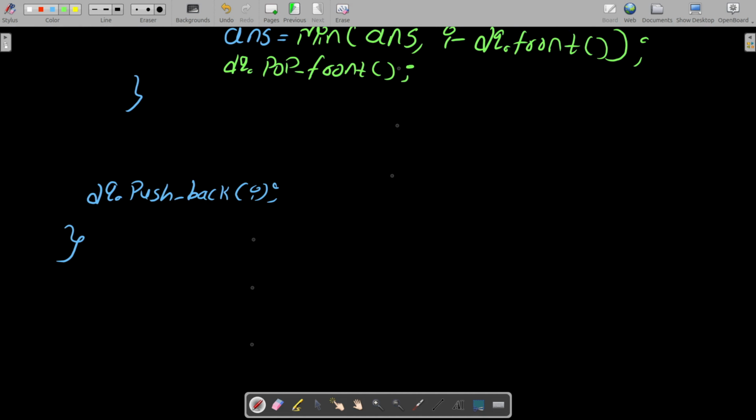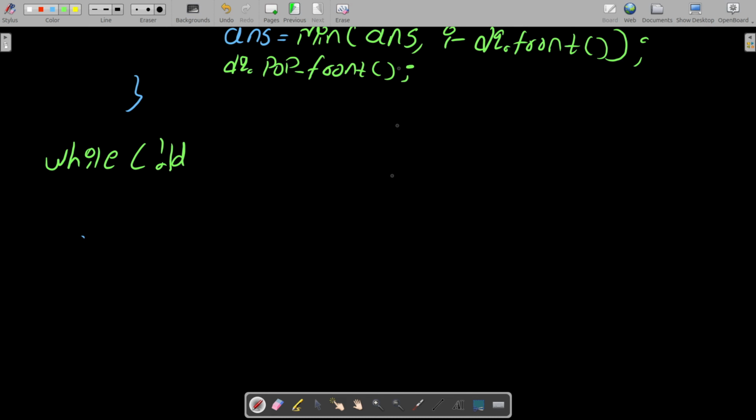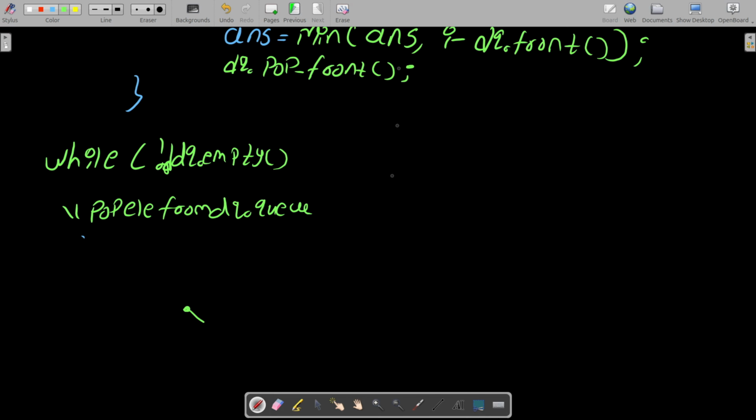Now we have to think about one more case. While our queue is not empty, dq, in which case should we pop elements from dq or not? We are checking this condition, whether the graph is decreasing or increasing.